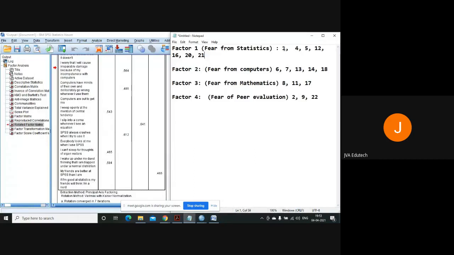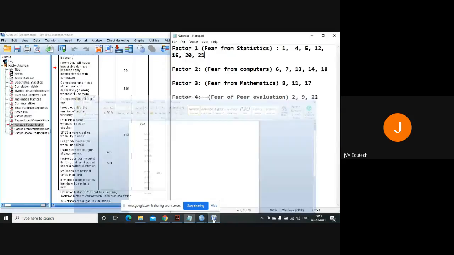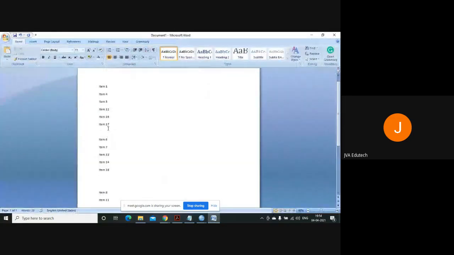So overall we have 1, 2, 3, 4, 5, 6, 7, 8, 9, 10, 11, 12, 13, 14, 15, 16, 17, 18 items. 18 usable items. So we have 16, then 20 and 21 here. Item 20 and item 21.